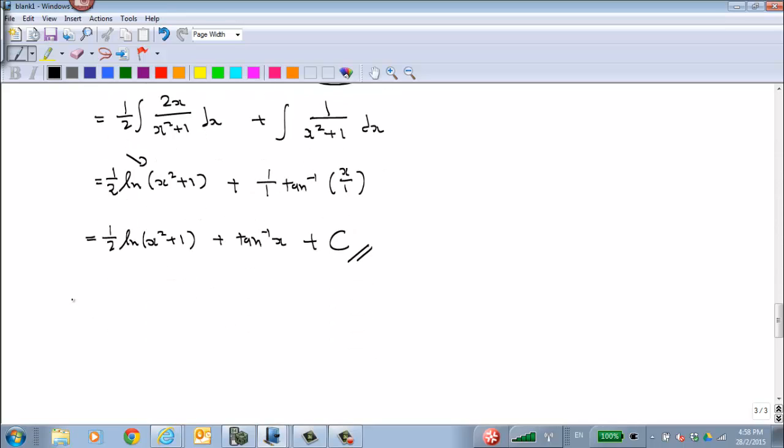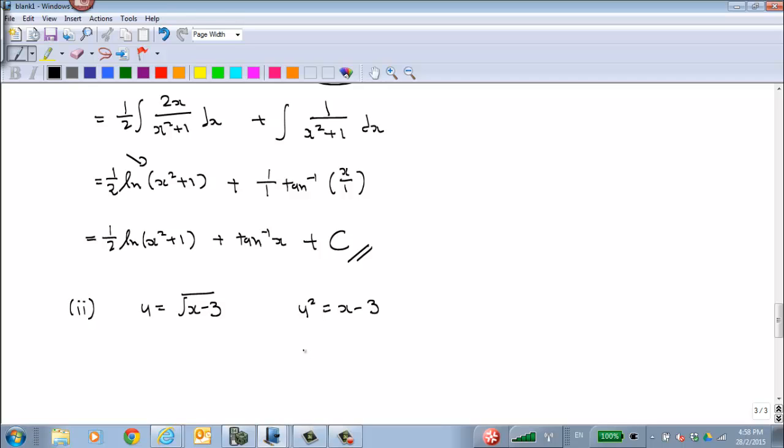Okay, so how to do part 2? Part 2 is another question on substitution. This is the particular question. So how to do this? The way you can do it is, if you don't like to deal with square root, you can square both sides.